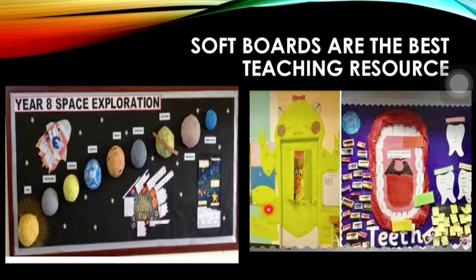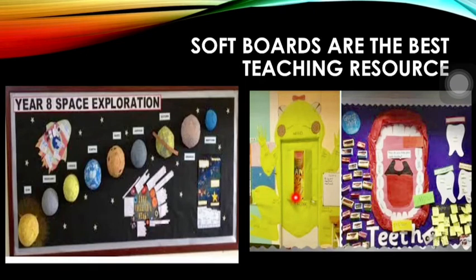Now have a look here. This is a frog, and if you open this window and look inside, what is inside? All the systems: digestive system, circulatory system, respiratory system, all the systems, they are explained in detail inside this window.